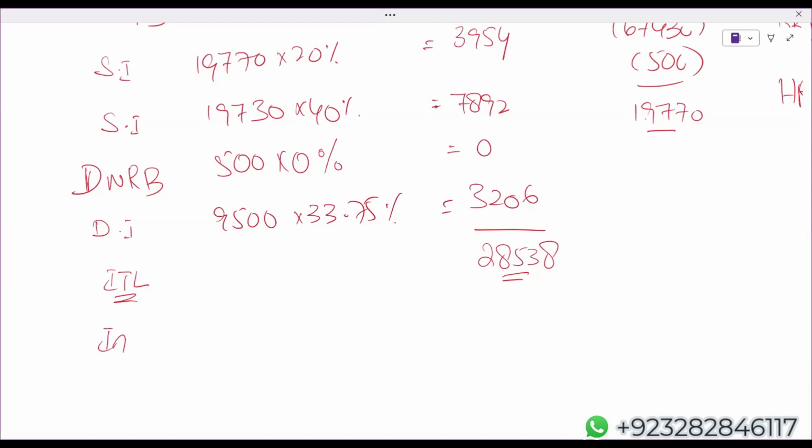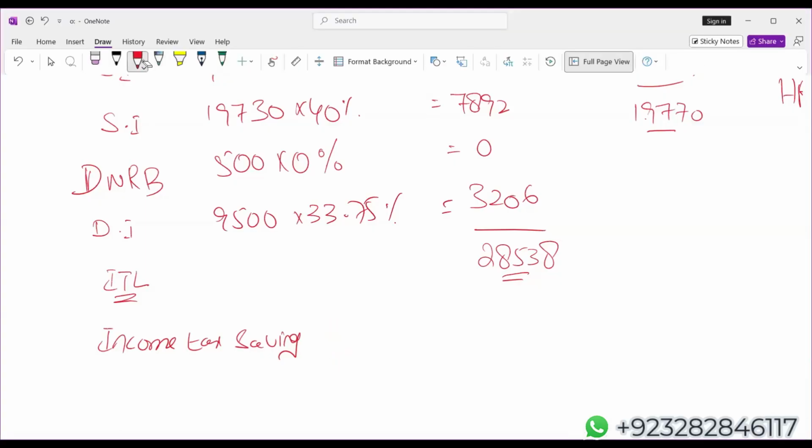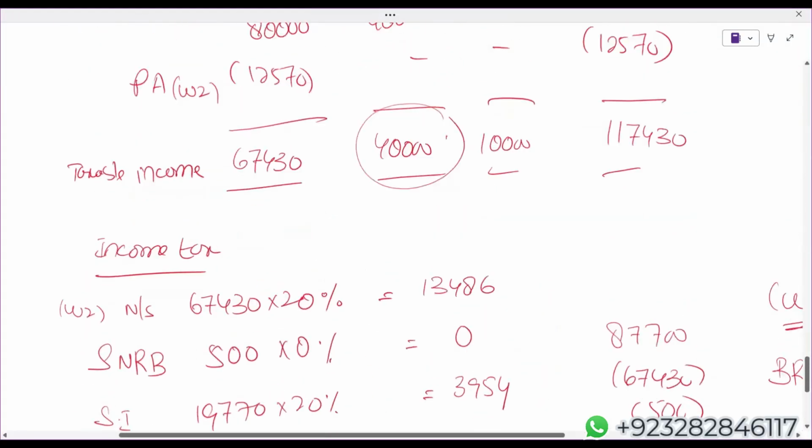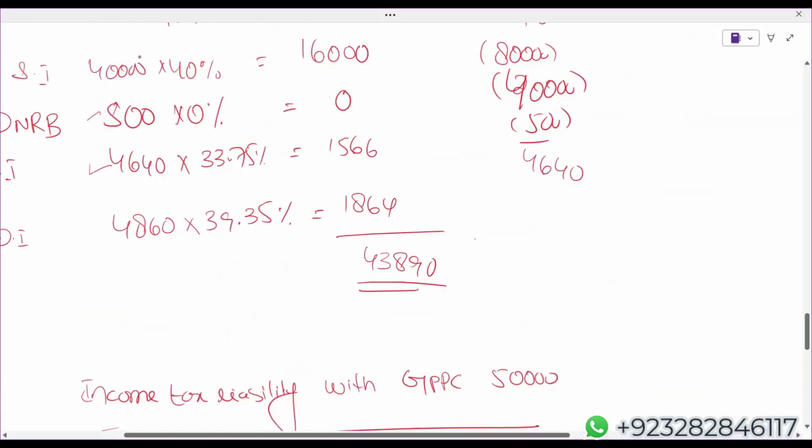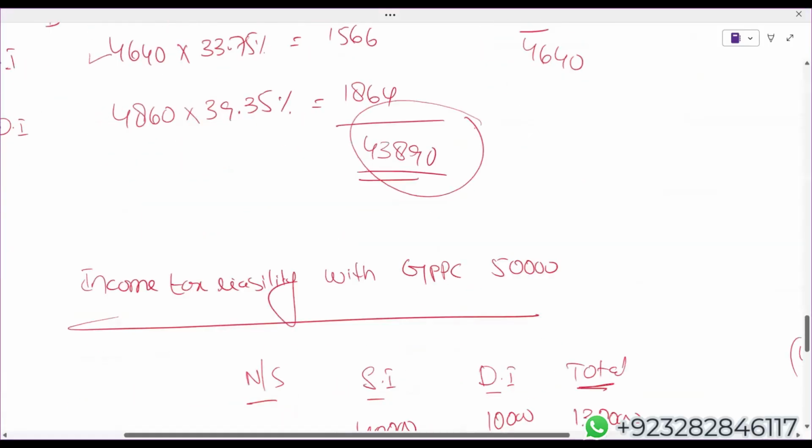So income tax saving. Let me show you. What was the amount earlier? Earlier, the liability amount was 43,890.